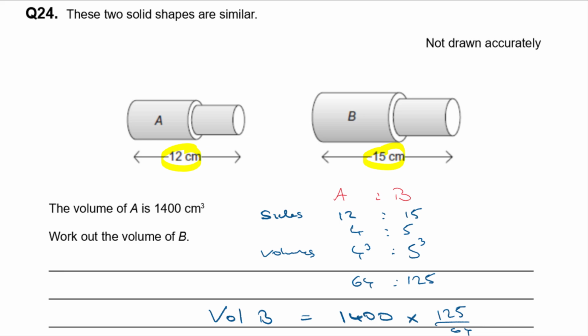I was hoping it would come out to a nice number. It's not quite a nice number. I think I've done it right. I'll make that 2734 and change. Just going to round it off. Okay, hoping that's right.